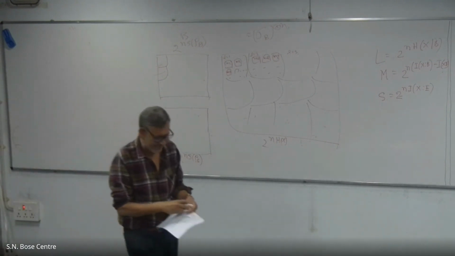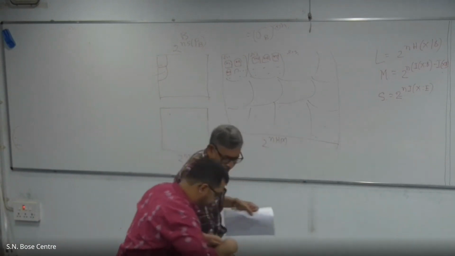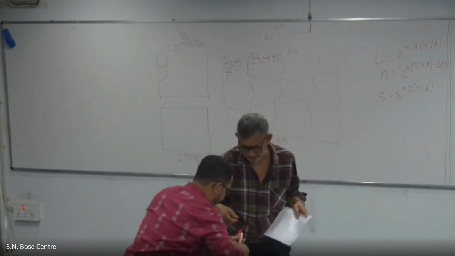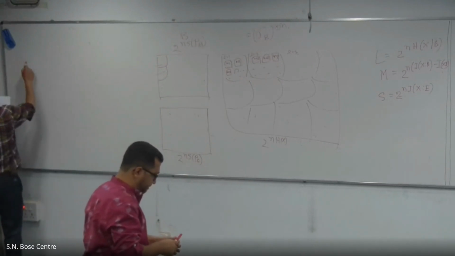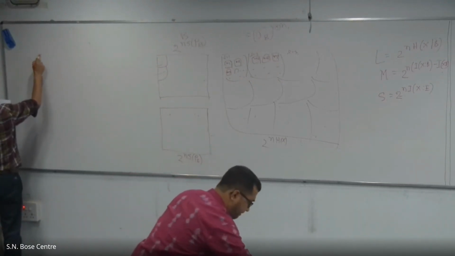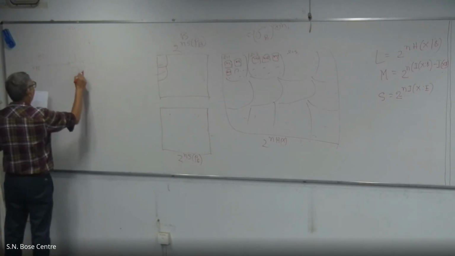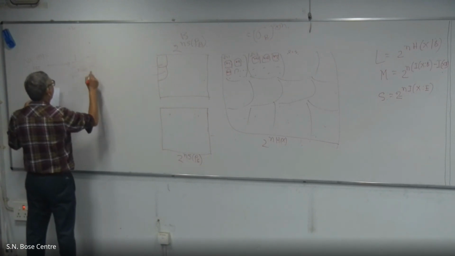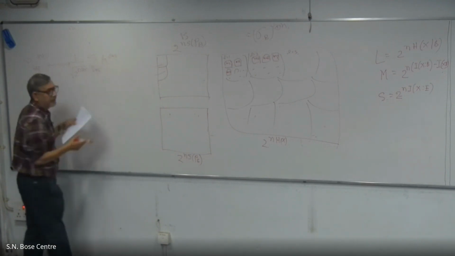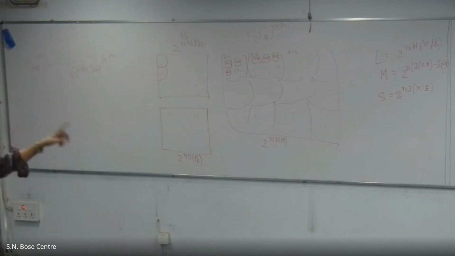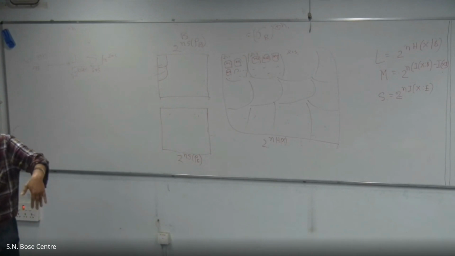It says among the two, every sequence will have a number L, M, and S. Of course, I am assuming that Alice has a constant.